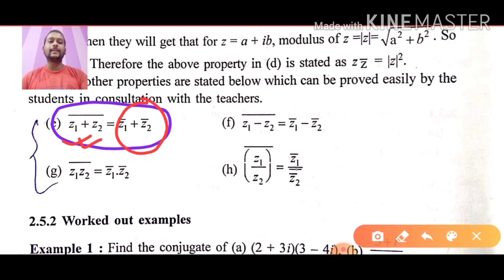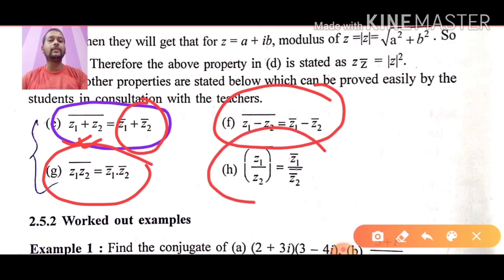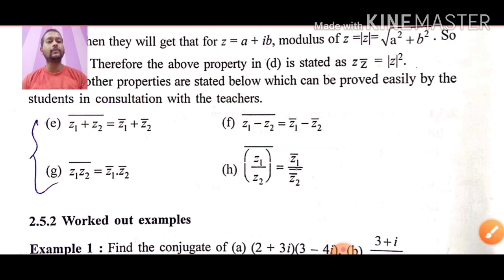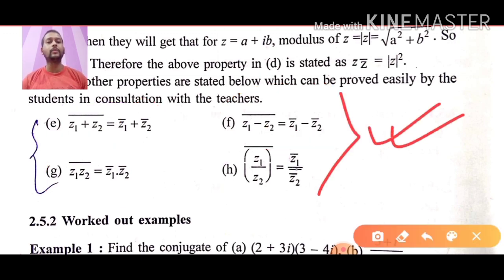It is the same in the case of subtraction, multiplication, and division also. When you find their conjugates, they are equal to the individual conjugates, and the operation remains the same. If it is addition, it remains addition; if subtraction, it remains subtraction; for multiplication, they remain multiplied; and for division, one will divide the other. This will be given as questions. We will prove it. Okay.